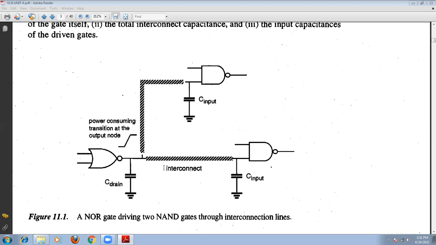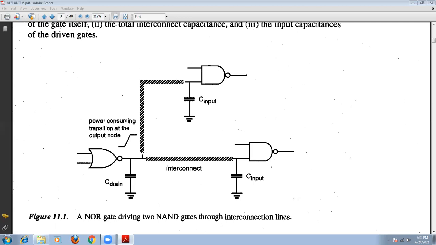In the on condition, we have to consider the drain diffusion capacitance of this MOSFET. As you know, the diffusion capacitance is proportional to the area. So the amount of diffusion capacitance is a linear function of the junction area. That means the size of the total drain diffusion area dictates the amount of parasitic capacitance at the output node.